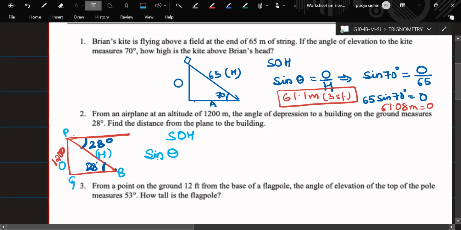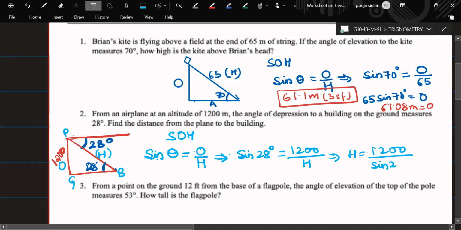So sine theta equals O upon H, which gives sine 28 degrees equals opposite, which is 1200, upon the hypotenuse, which means H equals 1200 divided by sine of 28 degrees. Give me the answer.